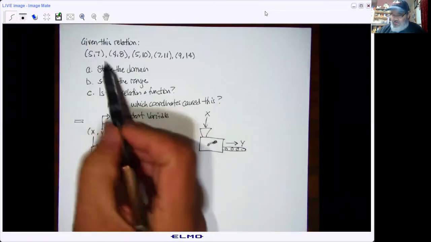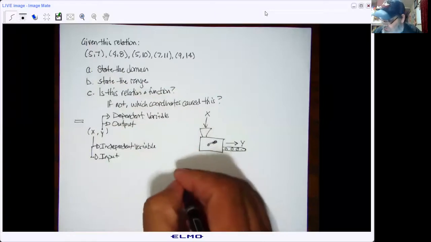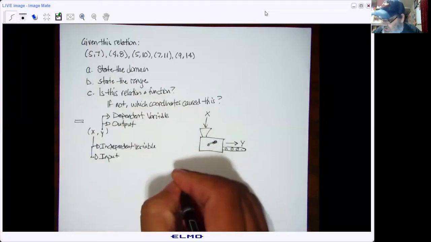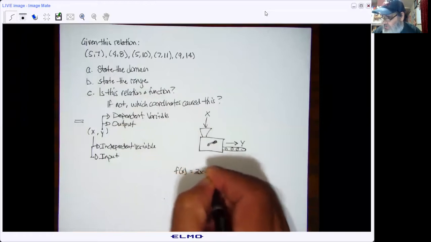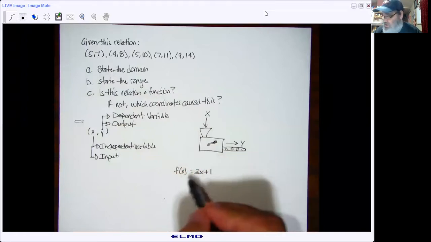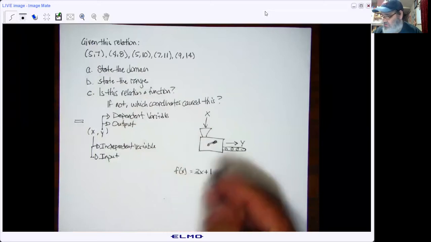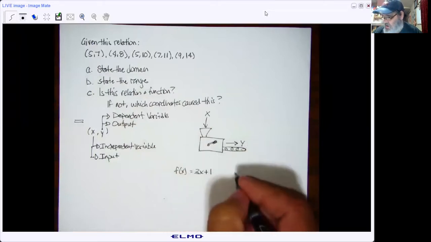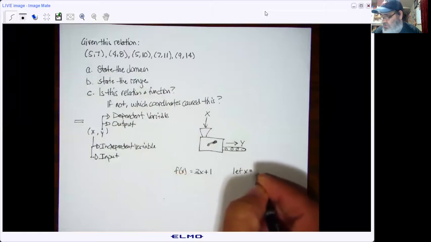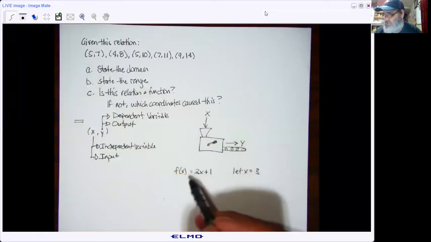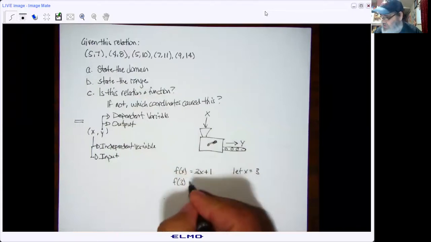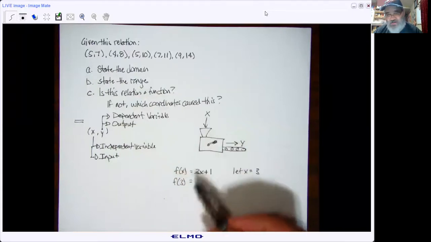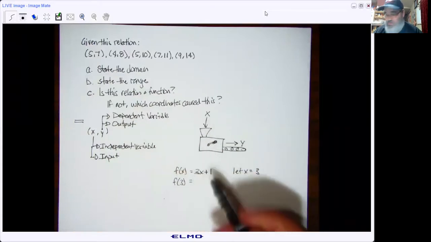So in this case, for example, let's say we had this function, f of x equals 3x plus 1. Well, x is our input. So if we put in an x value of, say, let's let x equal 3, well, all that means is we're just going to put 3 as our input, and we're going to dump it into the hopper, turn the crank, and see what comes out.